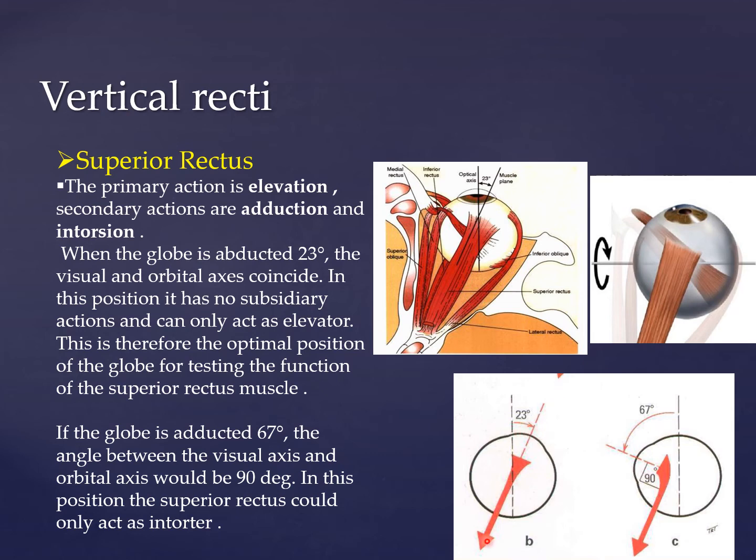So they both are aligned. The visual axis and the orbital axis or the axis of muscle are now the same. So in this position, when the muscle contracts, it will only have its primary action of elevation. It has no secondary and tertiary actions here.